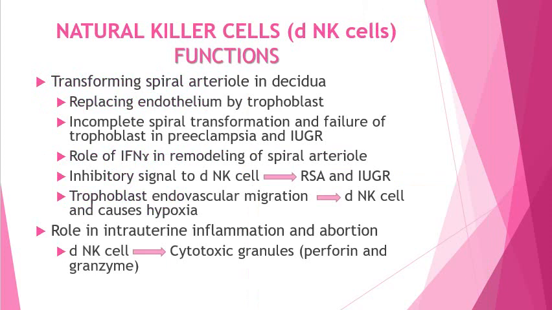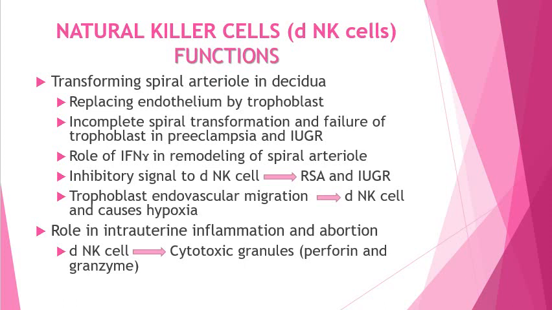The decidual natural killer cells transform the spiral arteriole in the decidua, replacing the endothelium by the trophoblast. There is an incomplete spiral artery transformation and failure of the trophoblast in preeclampsia and intrauterine growth restriction.